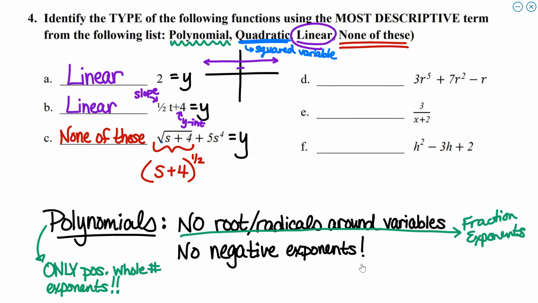No negative exponents. This means no variables in the denominator.